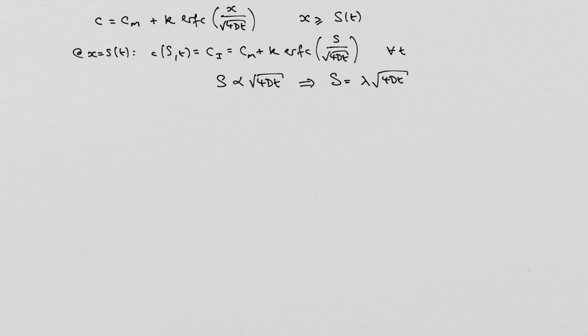Okay, if we choose S is lambda times root 4Dt, then C at S and t, which is C_i, is C_m plus K times the complementary error function of lambda, and therefore that tells us that K, the other adjustable parameter so far in our ansatz, must be given by this.